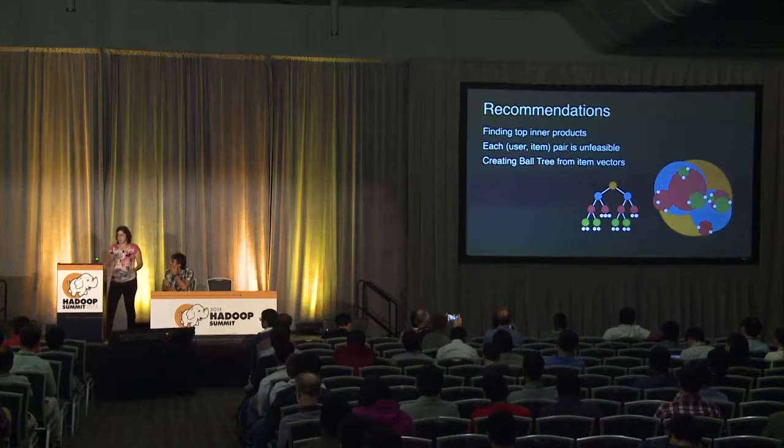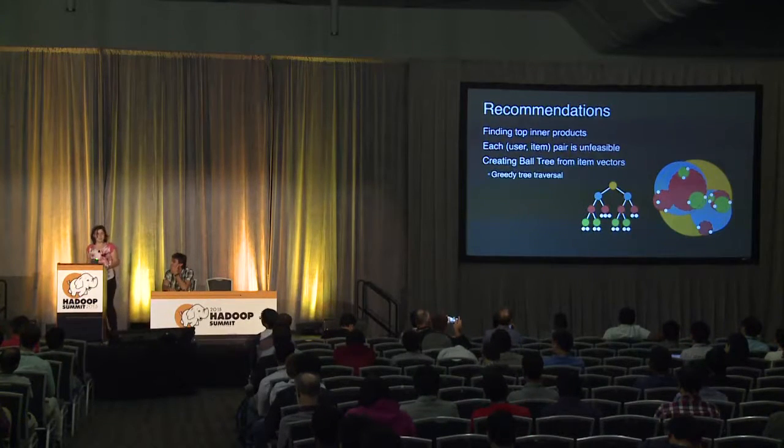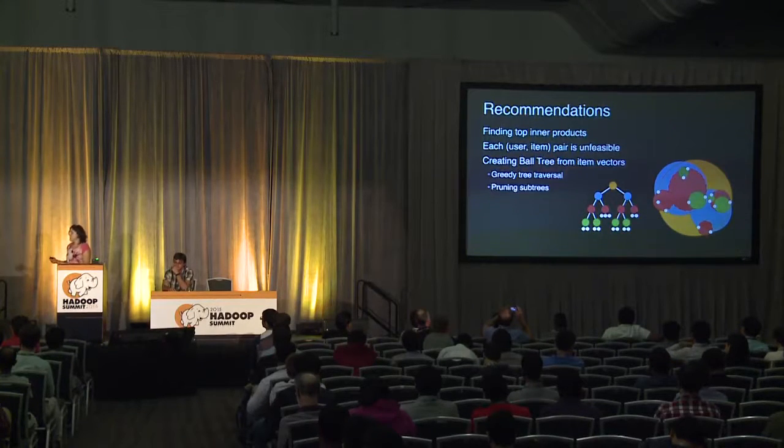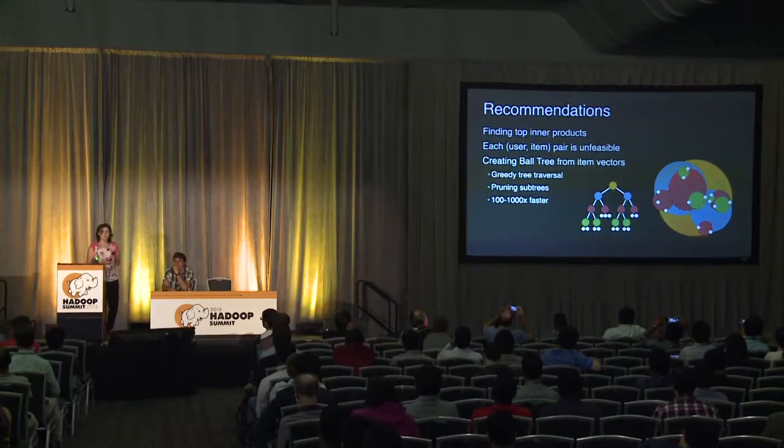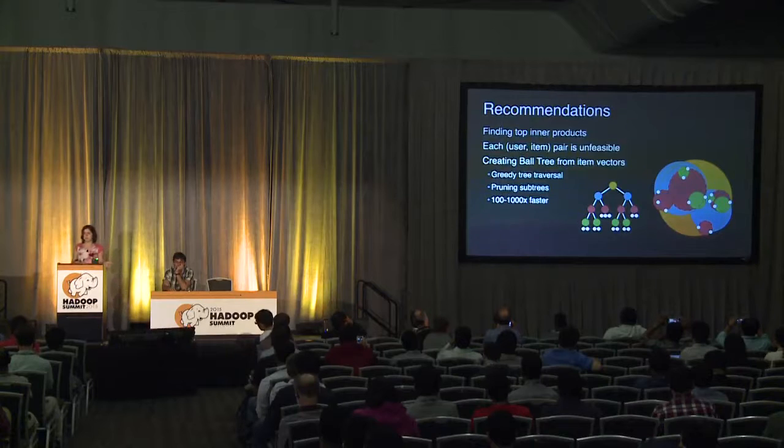Using these formulas, we can do greedy tree traversal by first going to the more promising branches and prune subtrees where we know that we can't find a better solution than what we already have. This solution made it 100 to 1,000 times faster than comparing each pair for the small feature sizes and made it fast enough for our use cases.